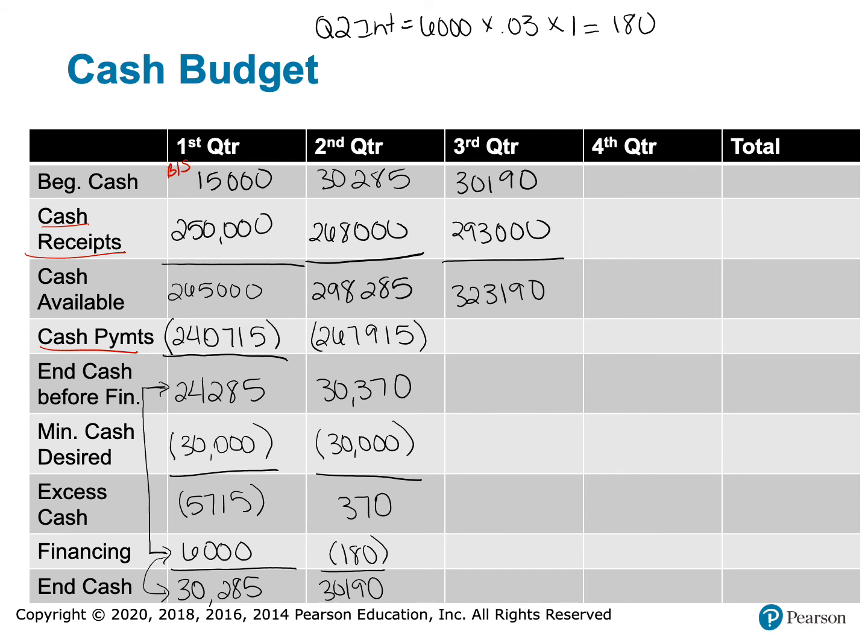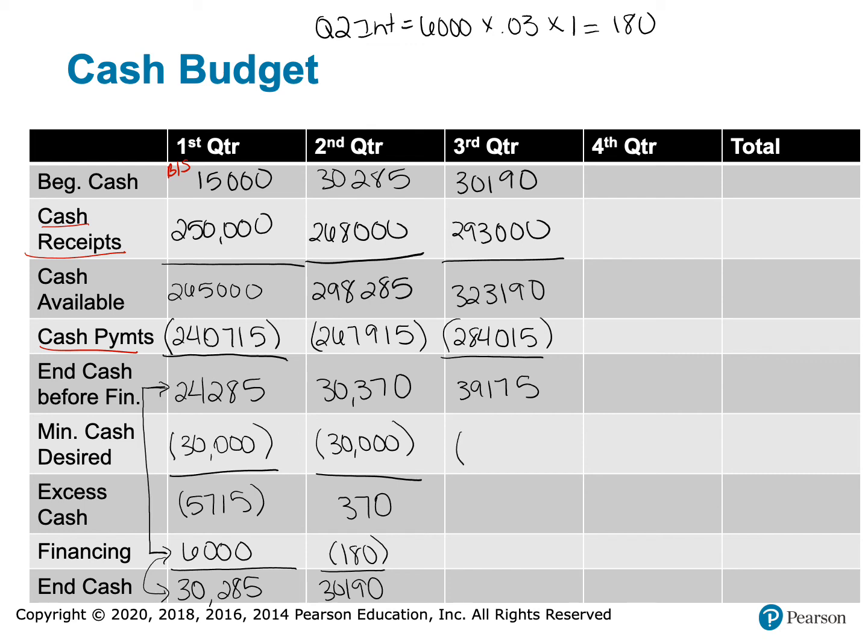Now, according to my schedule of cash payments, my cash payments in quarter 3 were $284.15. So that gives me ending cash before financing of $39,175.